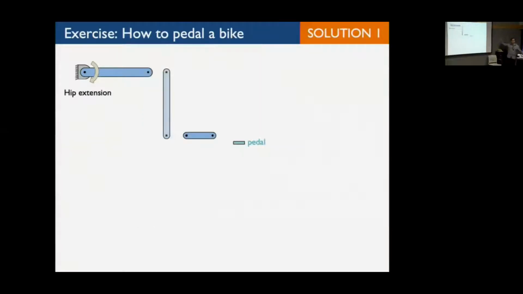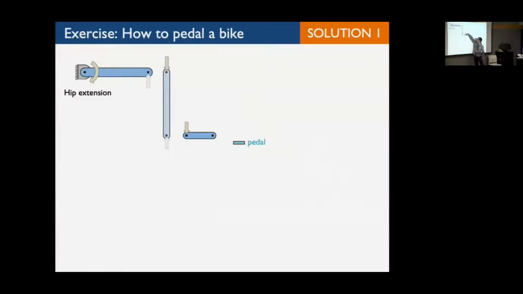Here's our free body diagram. If I apply hip extension, that's going to cause a reaction force, a constraint force that's going to act downward on the knee. And then that's going to cause a downward reaction force on the ankle. And then we've already been through this. We have a body.